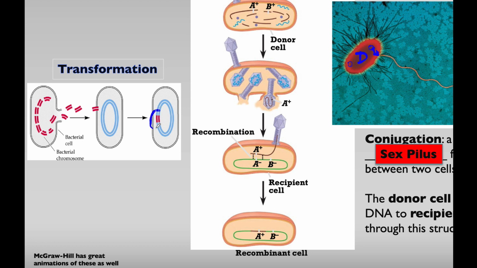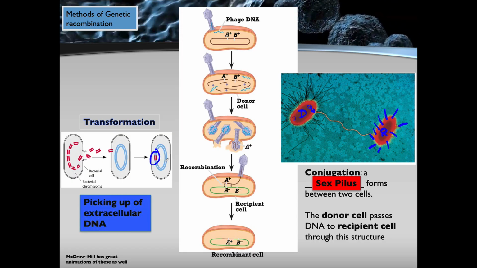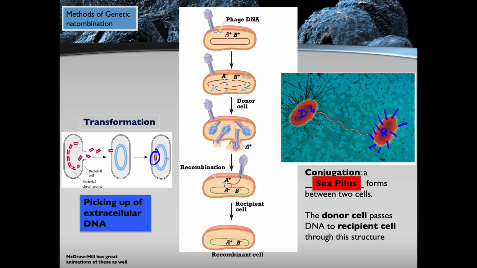So perhaps there's a gene on this one here that it didn't have before until it absorbed what this cell that died spilled out of it. So we've transformed this cell here into something new using that extracellular DNA. So it's basically the picking up of extracellular DNA.